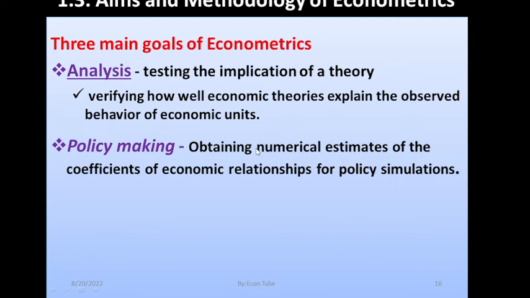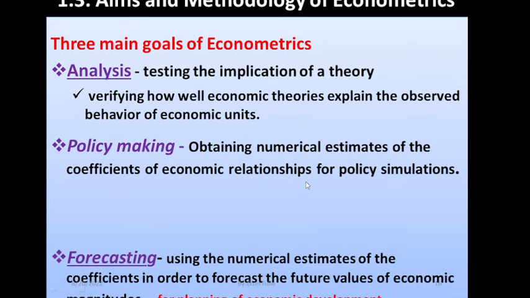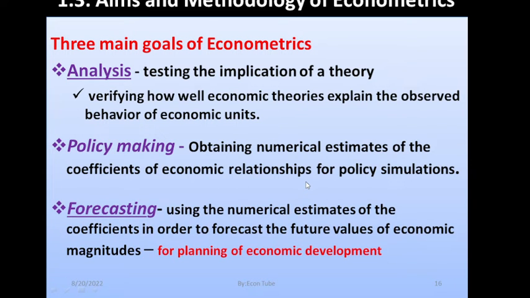Second, policy making: by obtaining numerical estimates of coefficients of economic relationships for policy simulations. Then finally, forecasting: using numerical estimates of coefficients to forecast the future values of economic magnitudes for planning economic developments.